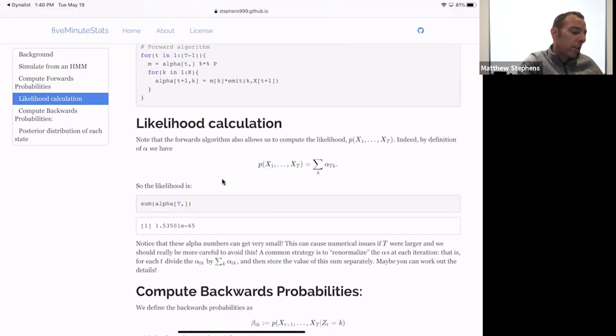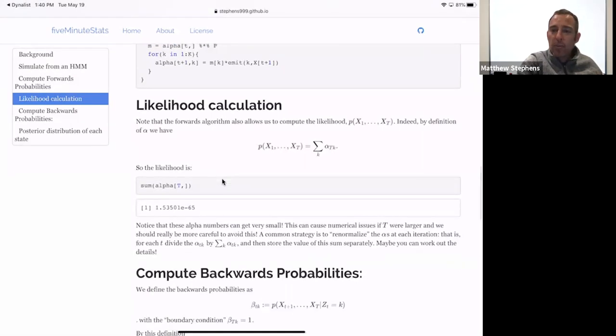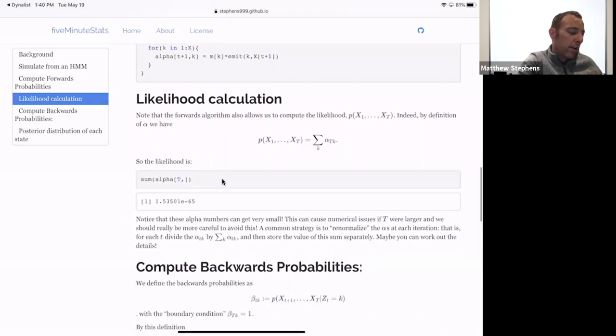Sorry, actually keeping that as a normalization factor, and you also need the individual alpha values up to a constant. I guess maybe the text says it better than I just said it in words. There are some renormalization questions that you might like to think about.